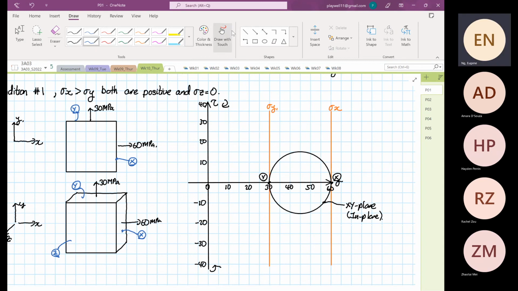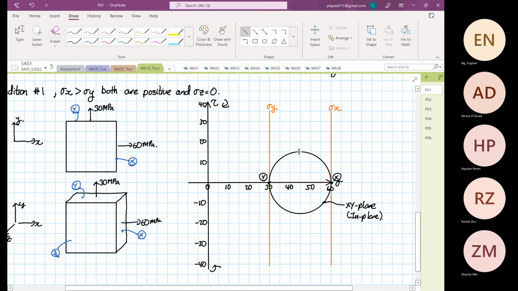Okay, so we look at maximum shearing stress. So our tau max in the XY plane is equal to 15 megapascal, as you can see now, right?